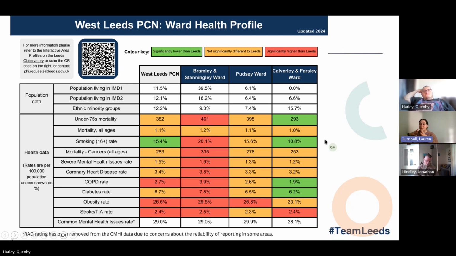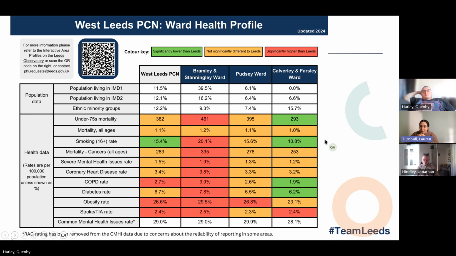Moving across into Pudsey, you've got almost all ambers, which is where rates are not significantly different to the Leeds average. And in Carverley and Farsley, you've got a mixture: a few greens, a few ambers, and just the one red. So you can start to see how things differ when we break the data down onto smaller footprints.